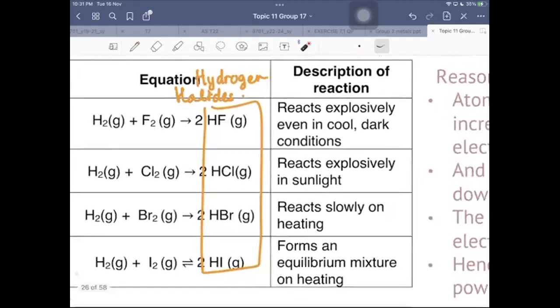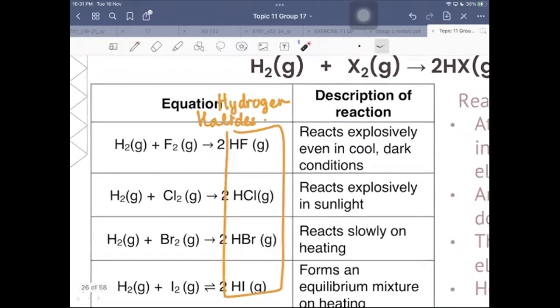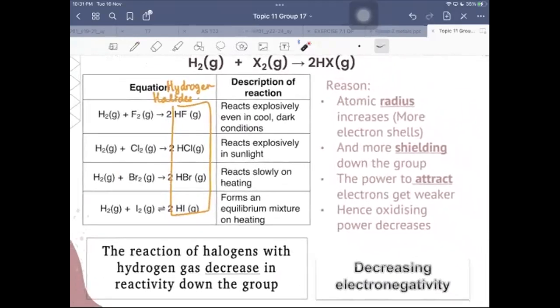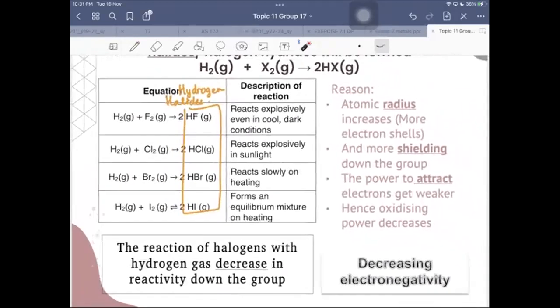So what's the reason for this? It all comes back to the reason why the reactivity of halogens are decreasing as you go down the group, okay? It all goes back to the oxidizing agent of these halogens decreasing in power or decreasing in strength as you go down the group, and that has to do with the atomic radius, the size, okay?